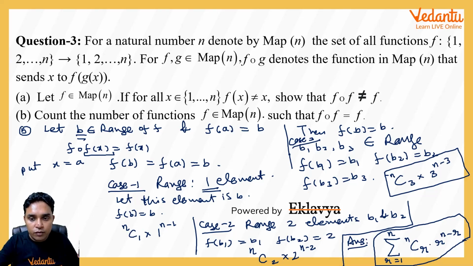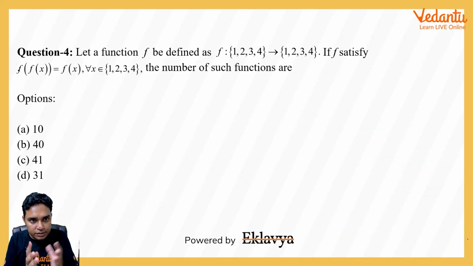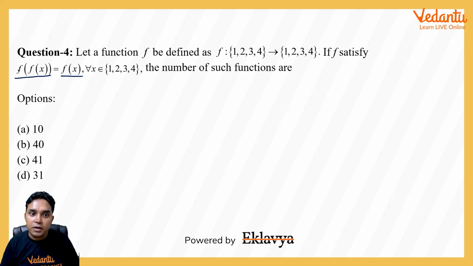In fact, I have got one milder version of this question in the form of question number 4, which says: let f be a function from {1, 2, 3, 4} to {1, 2, 3, 4}, and f satisfies f of f of x is equal to f of x. Isn't that exactly the same question? So what we will do, we will take the first case where there is only one element in the range, so 1 raised to the power 3.